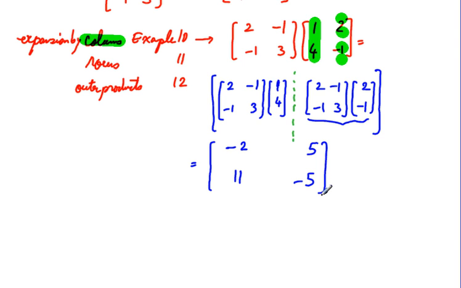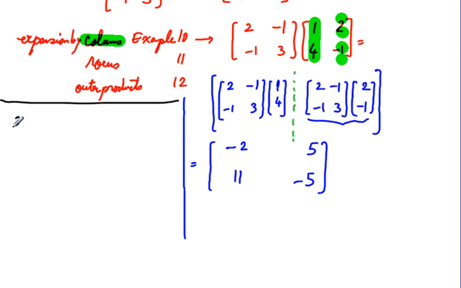So the focus here is to chop up the second matrix as a bunch of columns and treat them as one column at a time. Example 11, let's see, I can maybe squeeze it right here.